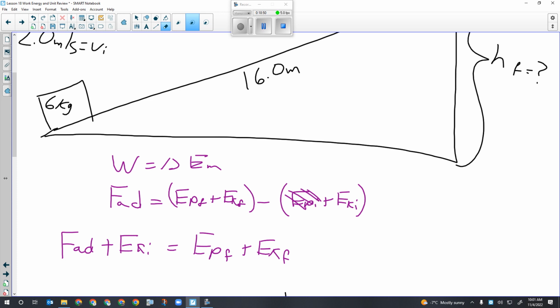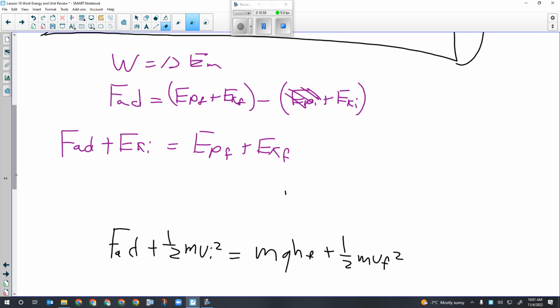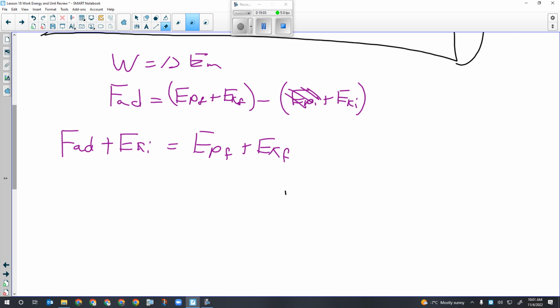All right, what I'm looking for is part of EPF. So what do I need to do with EKF? Subtract it over to the other side. Okay. Oh, geez, they're still doing all my work here. So I'm going to bring that over. So I'm going to have force applied times distance plus my initial kinetic minus my final kinetic equals my final potential.